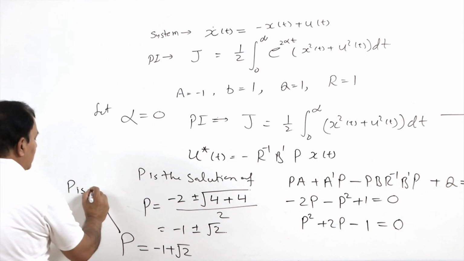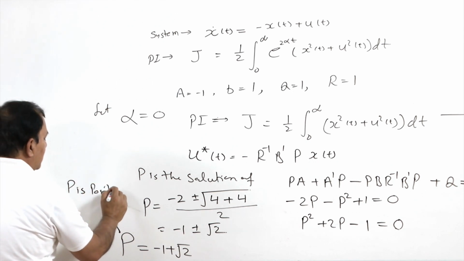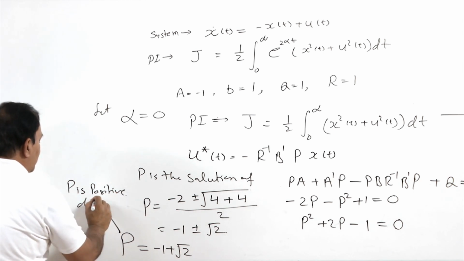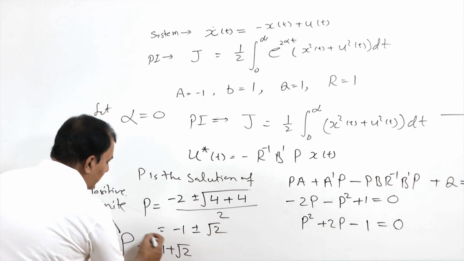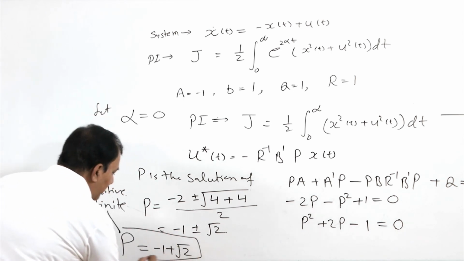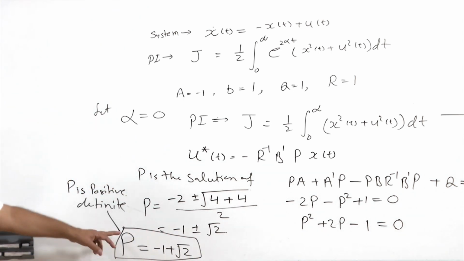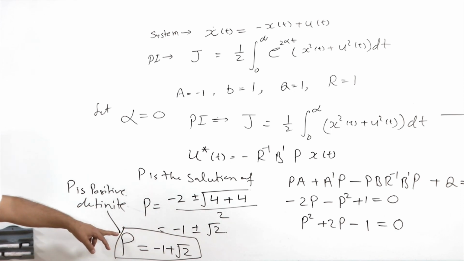P is positive definite. So, we take only the positive value. So, I will select my P as minus 1 plus under root 2.